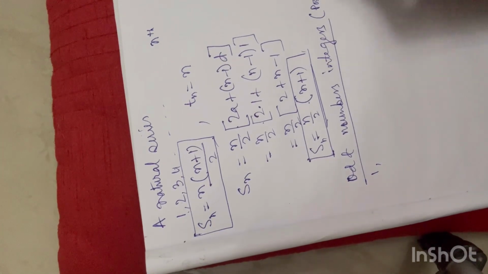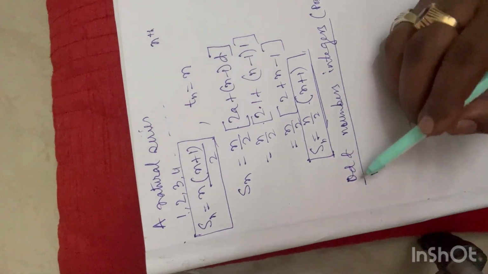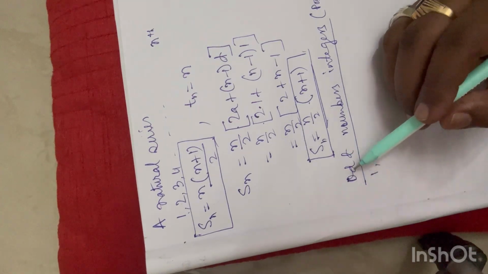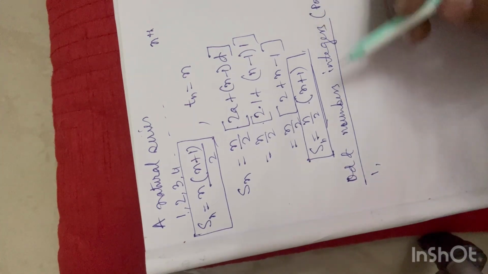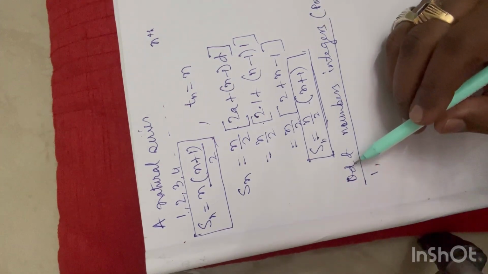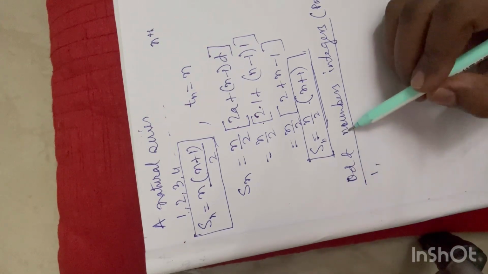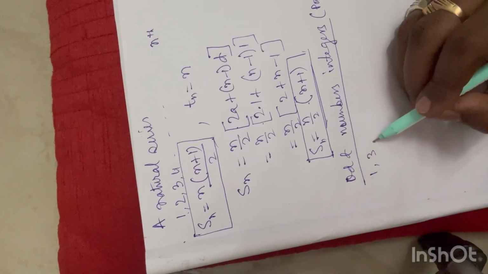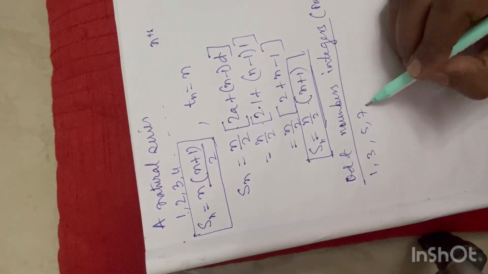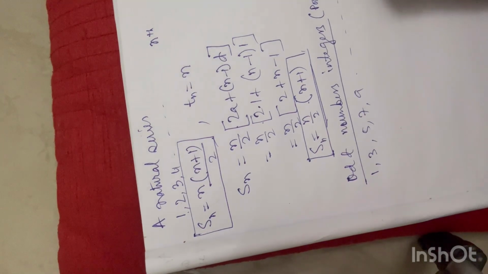This can also be applied to negative integers, but we cannot club negative and positive together. Whatever we talk about, it is either negative or positive integers. So the positive odd integers are 1, 3, 5, 7, 9 and so on, let's say also taken up to the nth term.